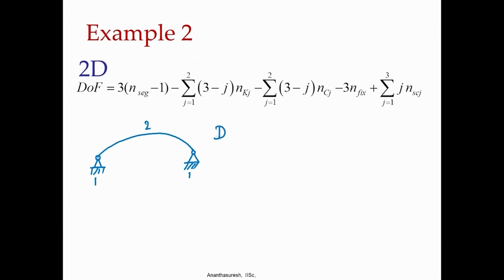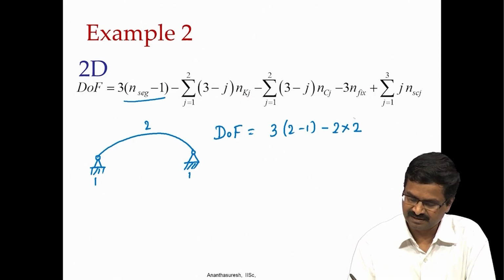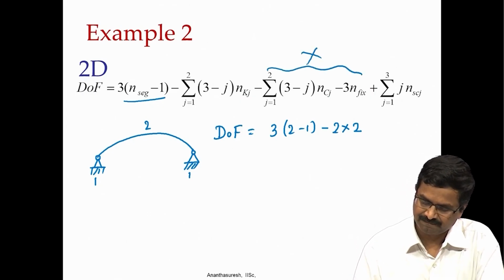Now, if we do degrees of freedom for this, 3 times 2 minus 1, we took care of that, and then kinematic joints we have 2 pin joints, that will be minus 2 times 2. There are no compliant or elastic pairs here, and there are no fixed connections. So, these two are not there.